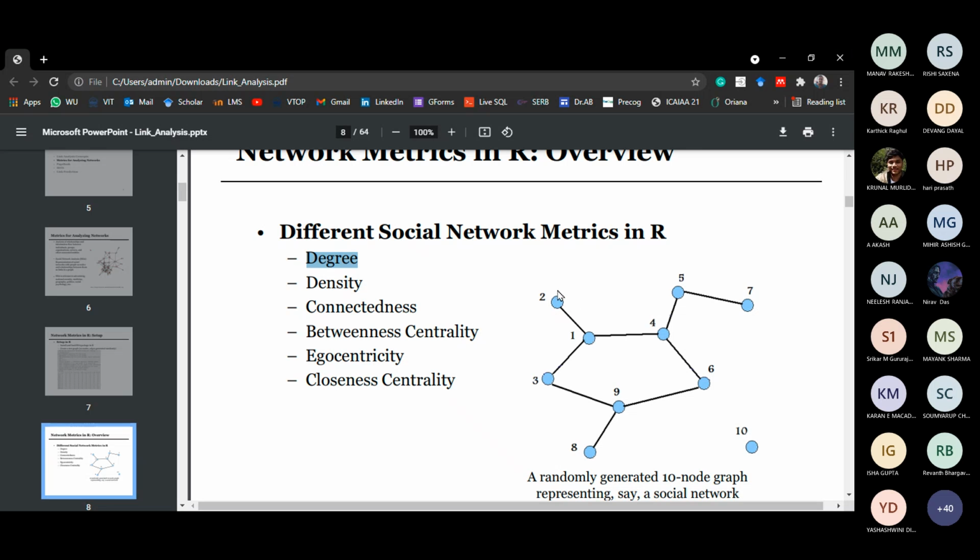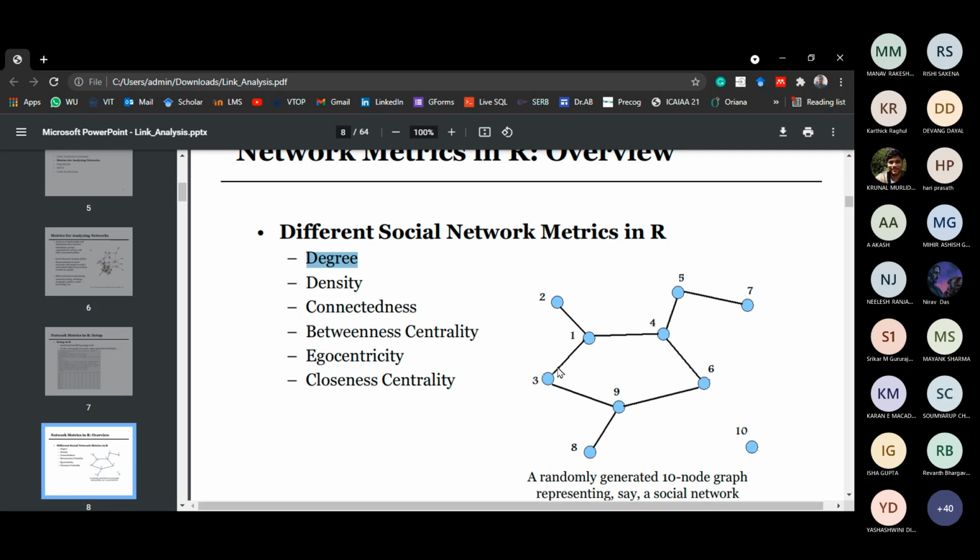So here each node is going to be a social network user. User 1, user 2, user 3, 4, 5, 6, 7, 8, 9, 10.